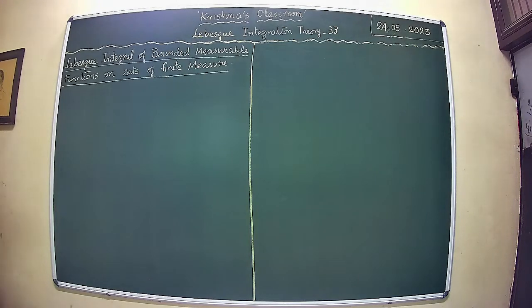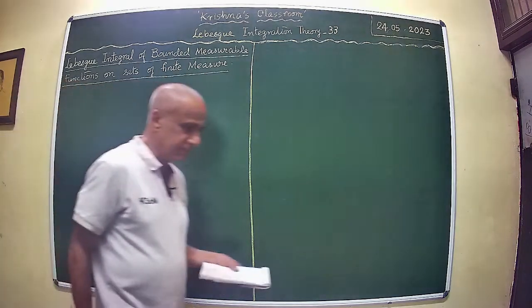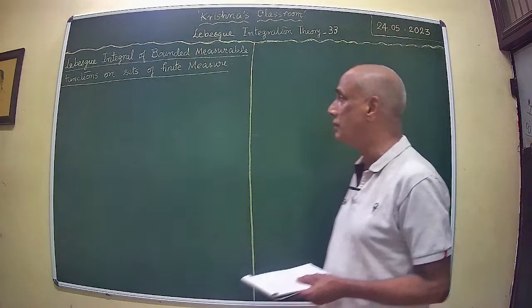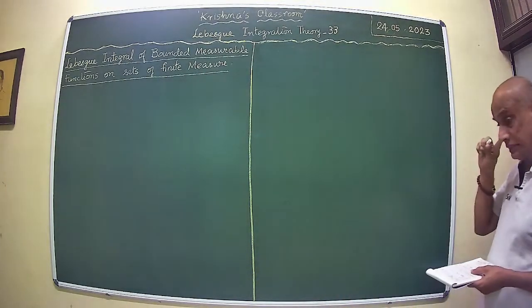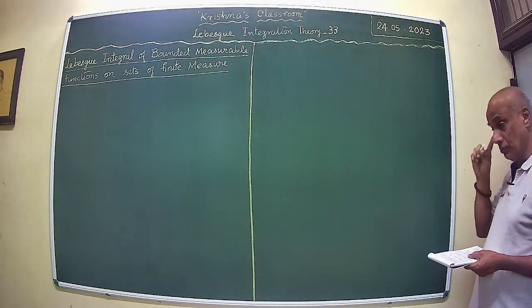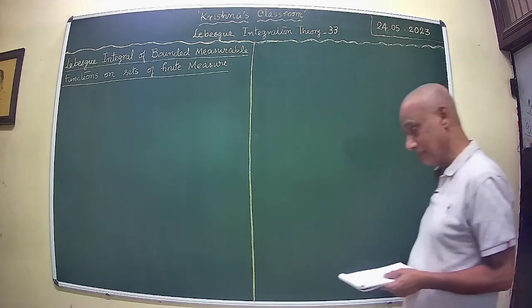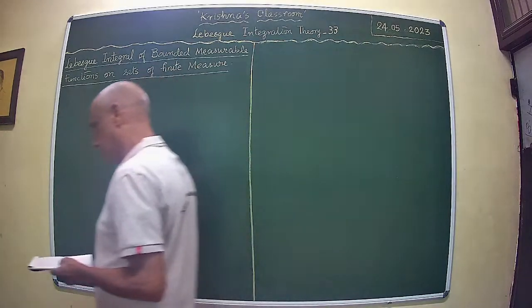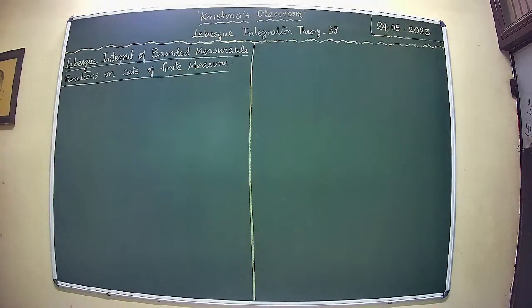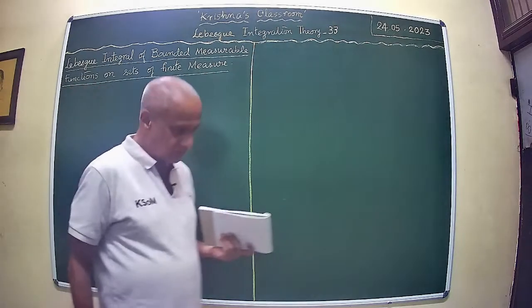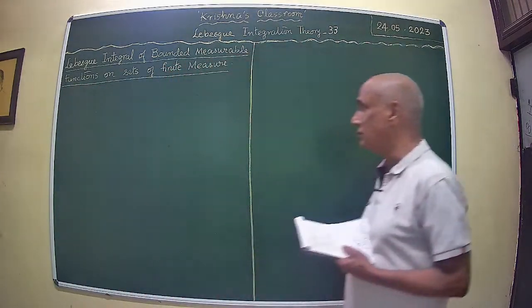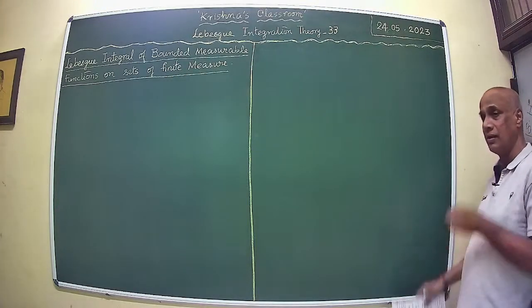So, naturally, as I listed out in the first part of these lectures on the Lebesgue integral, you define it stage by stage. For simple functions, we have now introduced the Lebesgue integral.